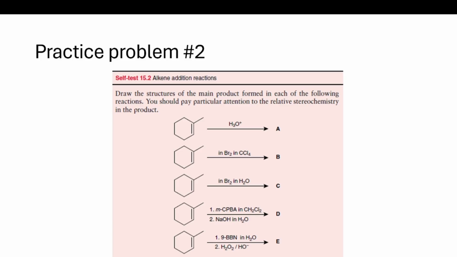Now remember, if we leave an alkene in aqueous acid, what we're going to yield is going to be the Markovnikov product. We use boranes and 9-BBN for anti-Markovnikov reactions.